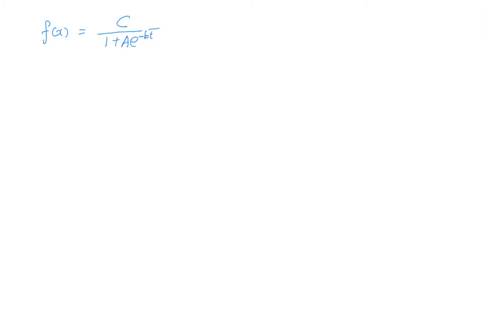Do you have this in your notes? And how to prove that the upper limit is C: as t approaches infinity, e to the power negative bt approaches 0. So therefore, f(t) approaches C from below.